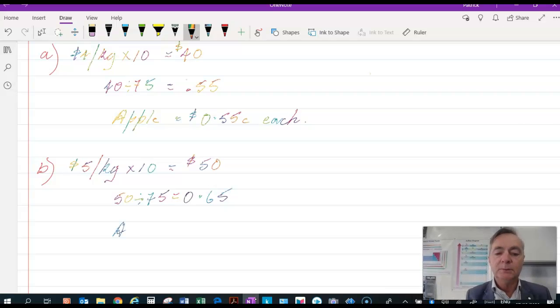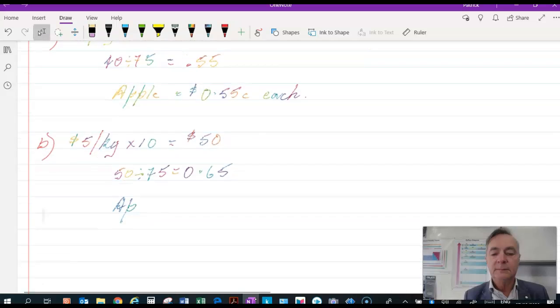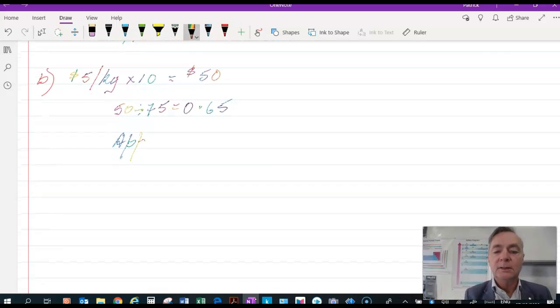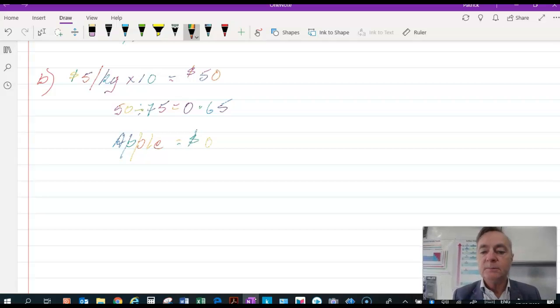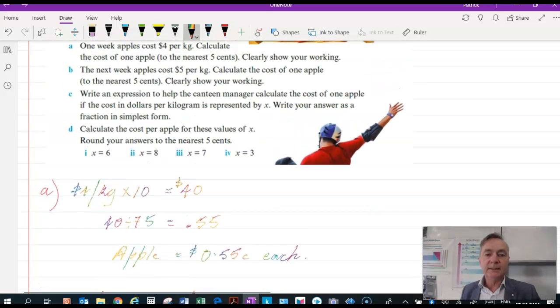So the apple the next week costs 65 cents each. Okay, that's two done. Let's go and have a look at part C.